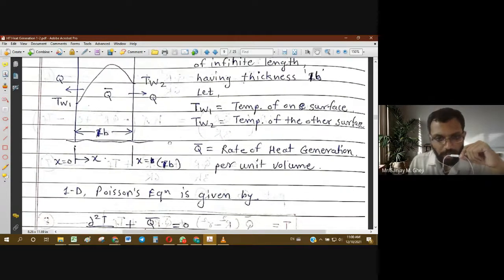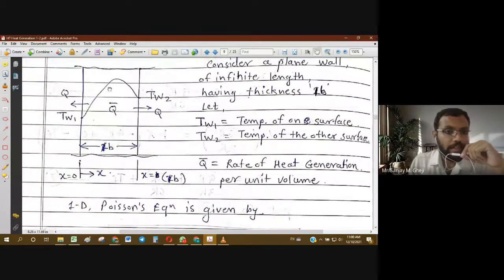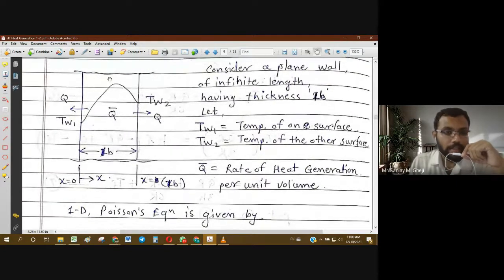One more aspect: in the standard case, we knew it was a symmetric problem and both side temperatures were the same. In that case, it was very simple and obvious to predict that the maximum temperature will appear at the center plane or midpoint.